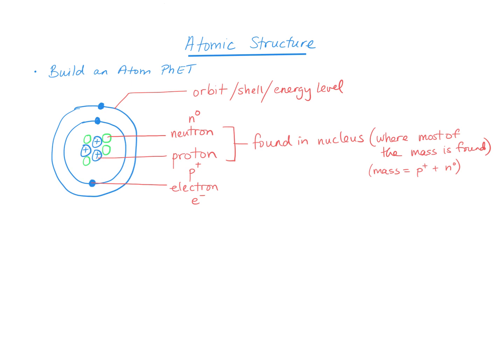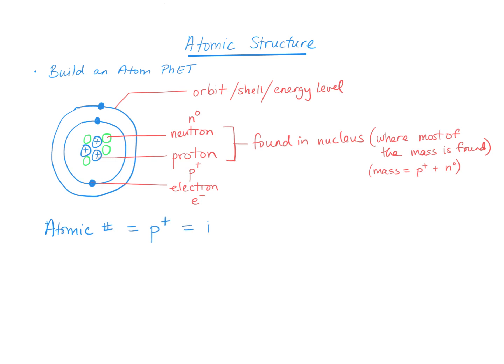Now, we also notice that the element that the atom is representative of comes from the number of protons. So let's just be making a connection here back to what we learned. We learned that atoms or elements are positioned on the periodic table according to their atomic number. And so now what we're learning here is that the atomic number is the number of protons.